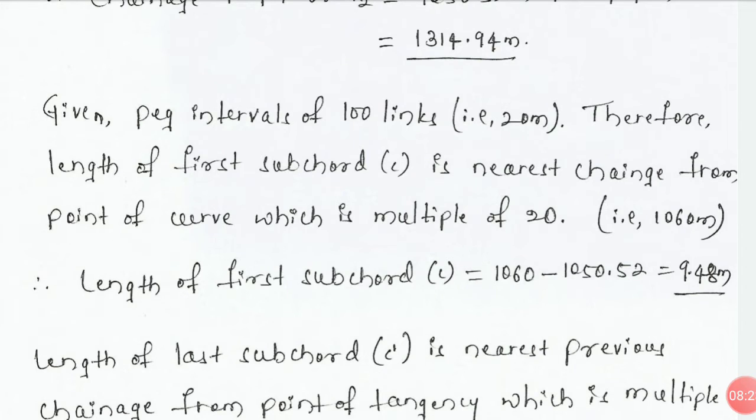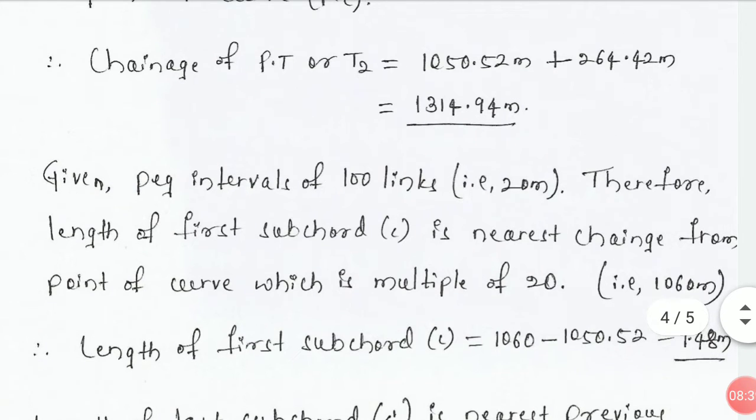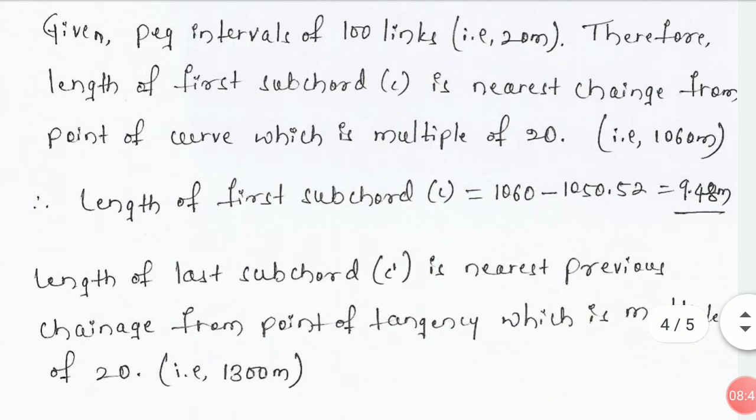Now after 1060, it will go on increasing by 20 meters at every interval, 1080, 1100, 1120, 1140, up to 1314.94 meters, that is last point of the curve. Up to that point it will go on increasing by 20 meters. So length of last chord will be what?